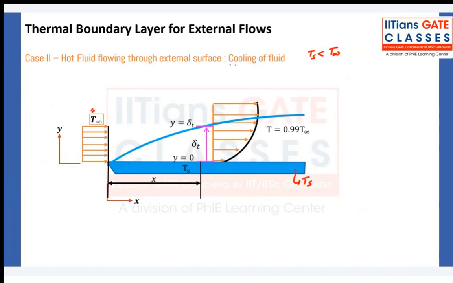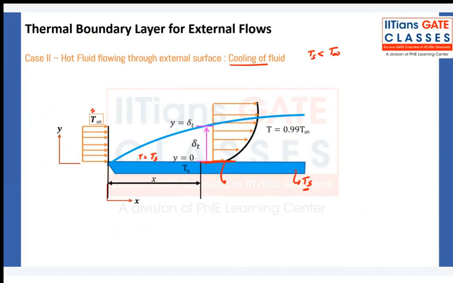Now at the wall, the temperature will be lowest because Ts is the lowest temperature in this condition. So here T equals T surface, and as you go up you will get close to T infinity.